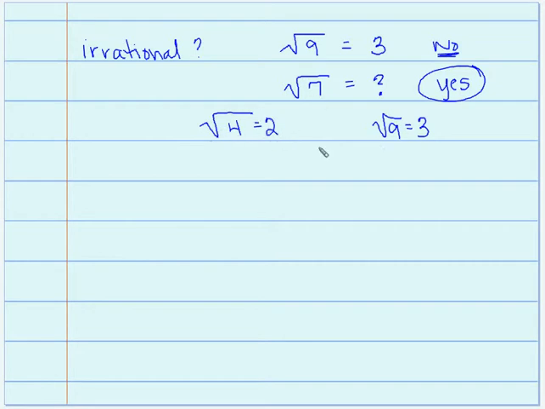So is there another perfect square that makes up 7? 2 times 2 is 4, 3 times 3 is 9. There's no other whole number in between there, is there? So that's one indicator that you're talking about an irrational number. It's not a perfect square.